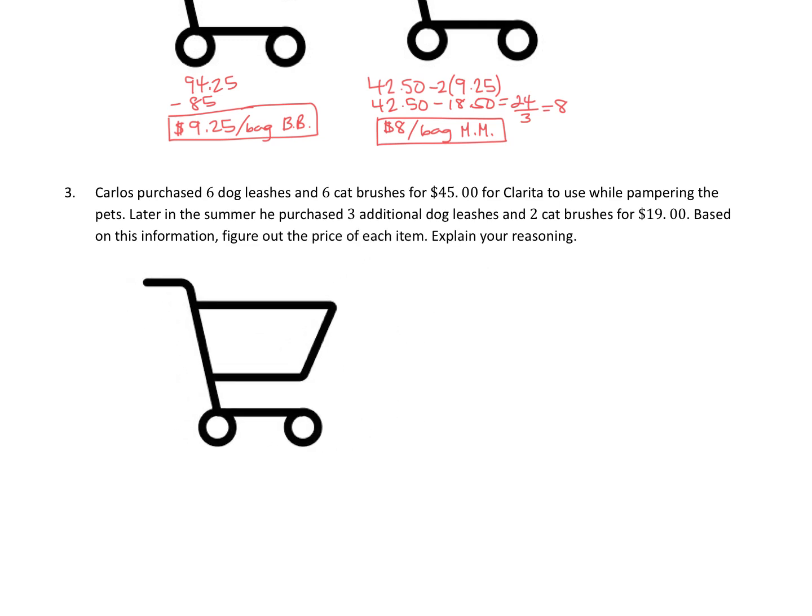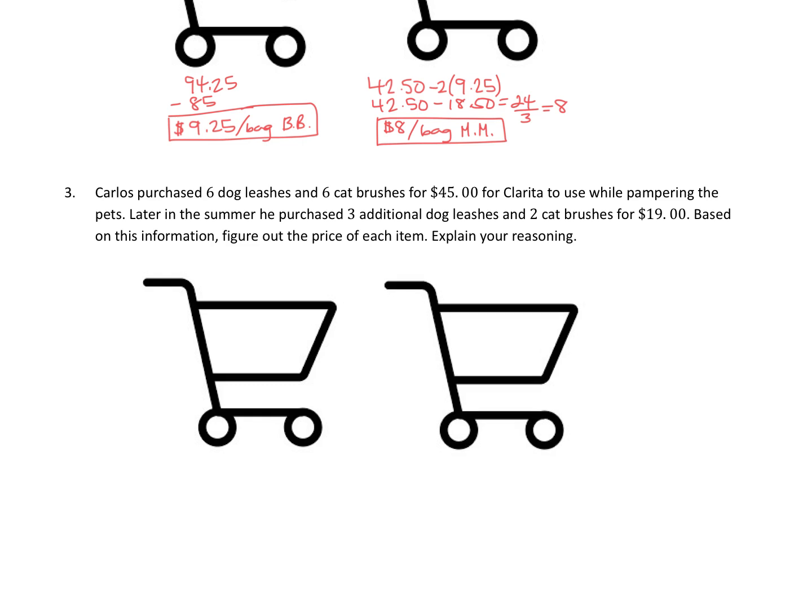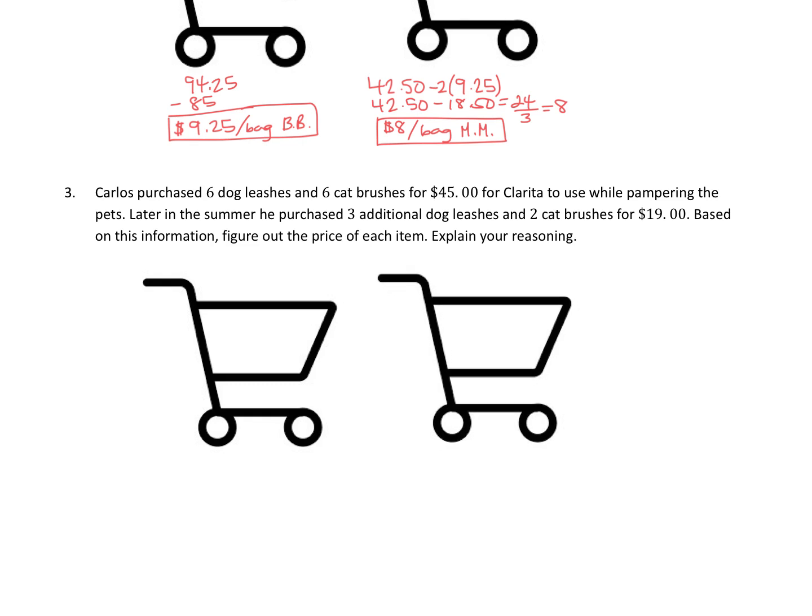Just make it a tiny bit bigger and lock it. And then let's move my second shopping cart just here to the right. Okay, so now we've got our 2 shopping carts for the dog leashes and cat brushes.